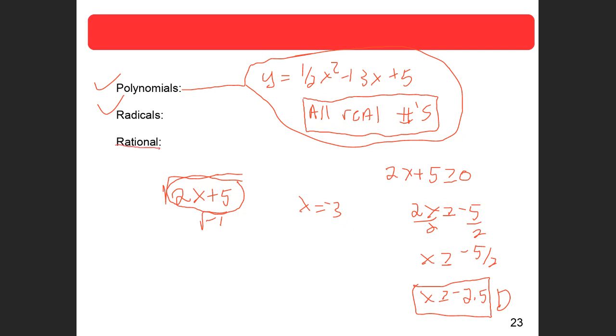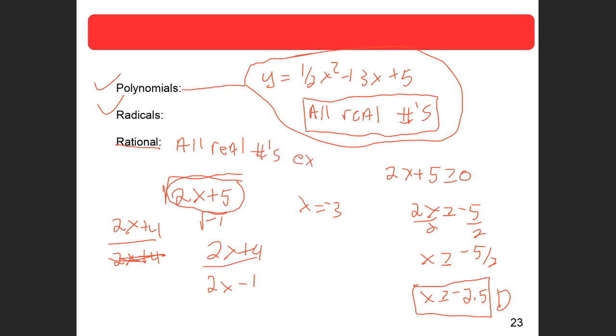Rationals. Rationals are interesting. So let's say I had 2x plus 4 over 2x minus 1. Okay? Rationals are always going to be all real numbers except whatever makes the denominator equal to 0.